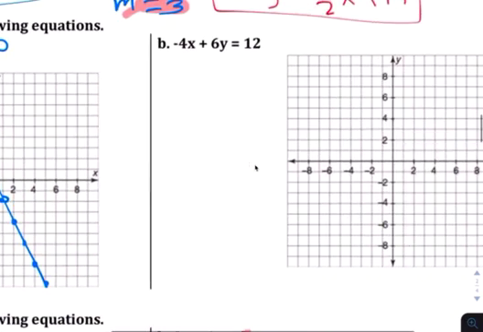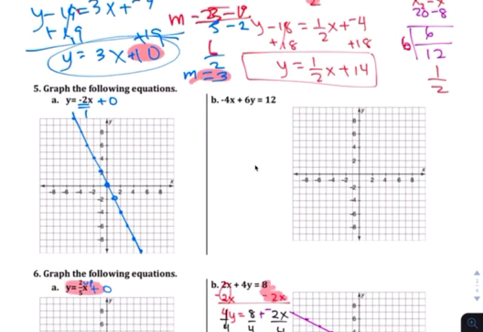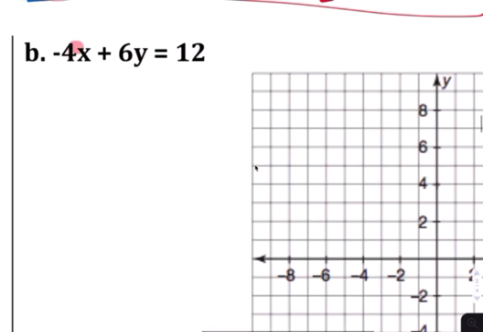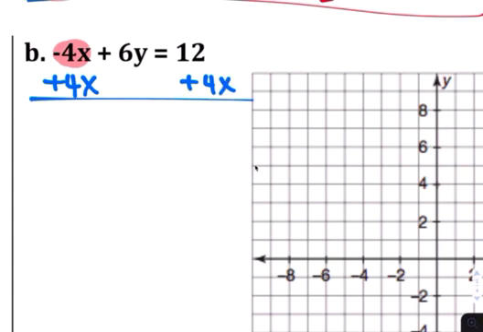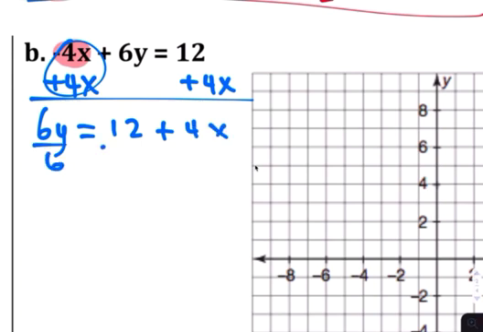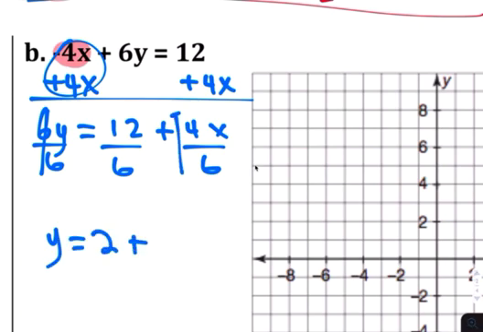Okay, this one you can't solve yet because it's not in slope-intercept form. So you have to get rid of x first by adding 4x. 6y equals 12 plus 4x. Divide by 6, divide by 6, divide by 6. Y equals 2 plus, simplify that, 2 over 3 x.